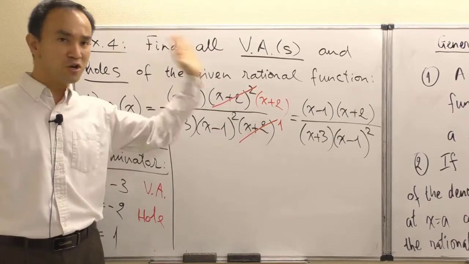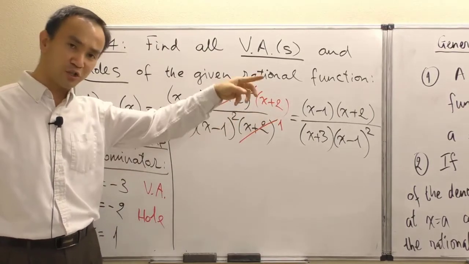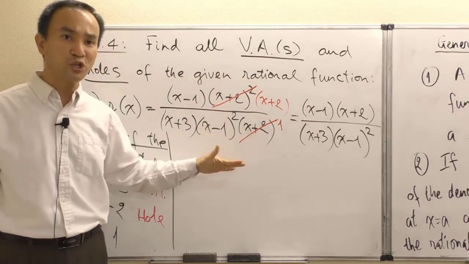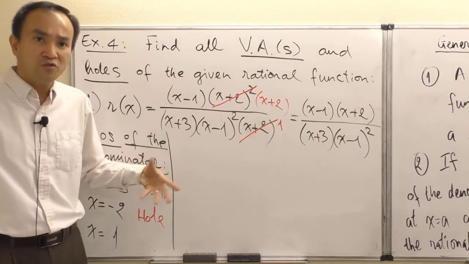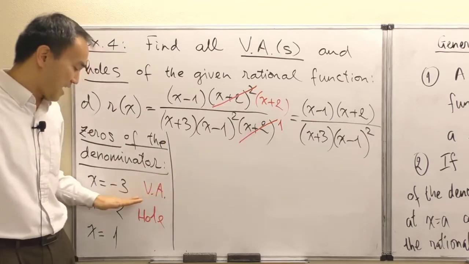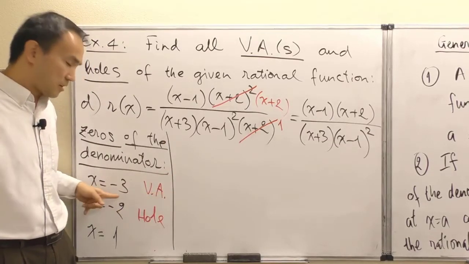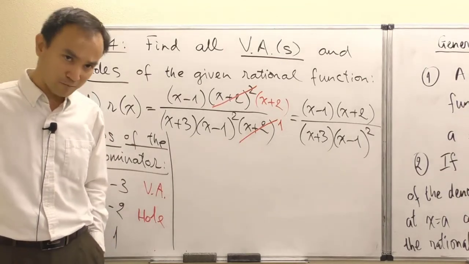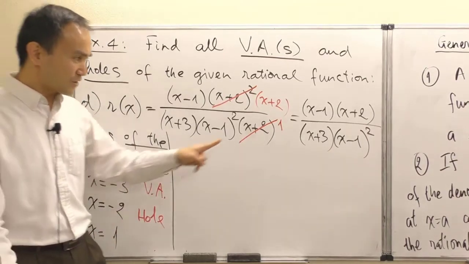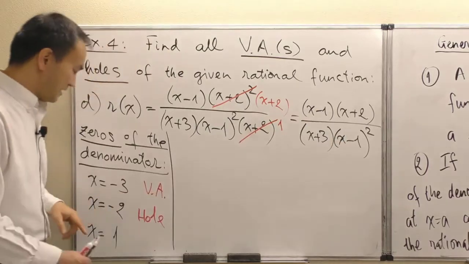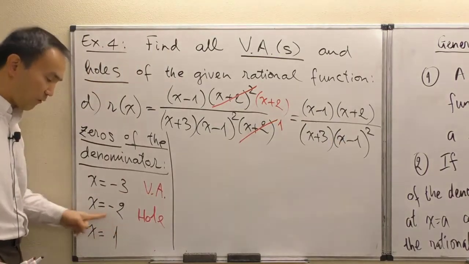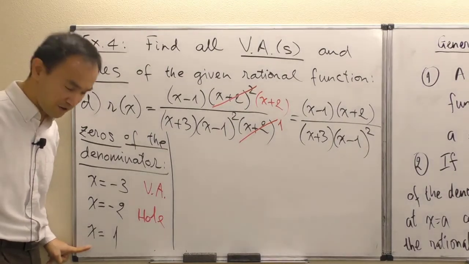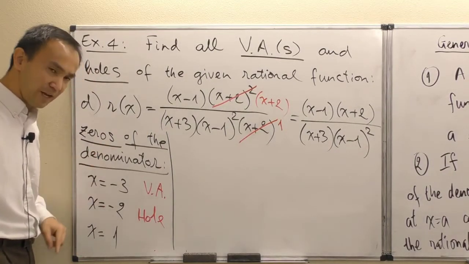Otherwise, if we just boom, cancel immediately all of the x plus 2's away and all of the x minus 1 away, you're going to end up with such a too short answer, and then you may realize simply that, hey, x equals negative 3 is the only zero. That's the dangerous part right there in some other problem. Okay, and so now I'm still holding on to the x minus 1 without canceling it. So now I'm going to focus my attention on that, at this x equals 1 as a zero of our denominator.